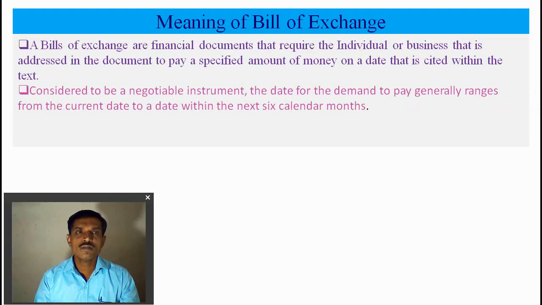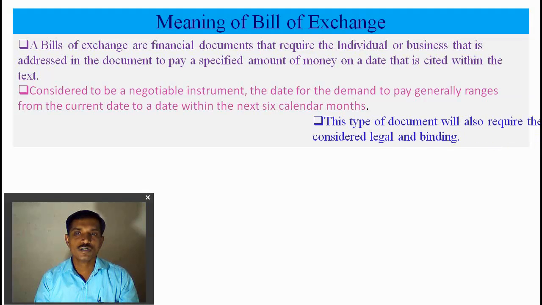A bill of exchange is considered a negotiable instrument. The date for the demand to pay generally ranges from the current date to a date within the next 6 calendar months, the date mentioned in the bill of exchange.